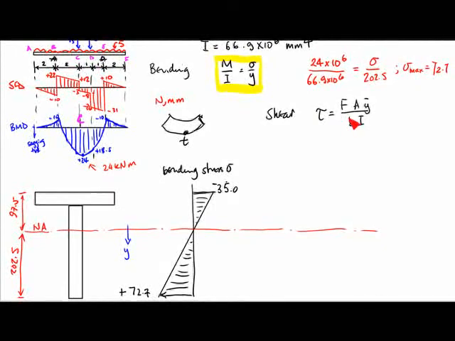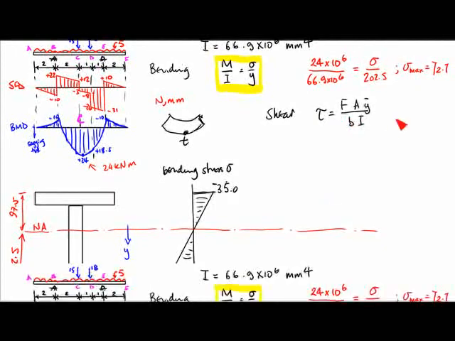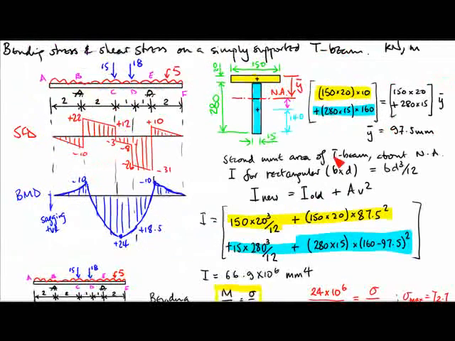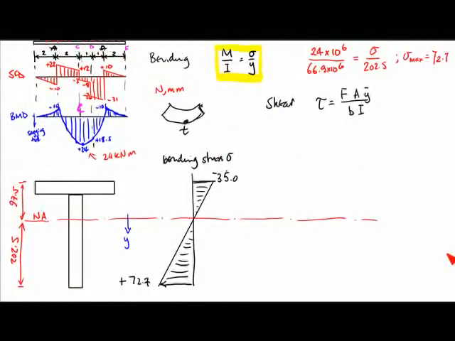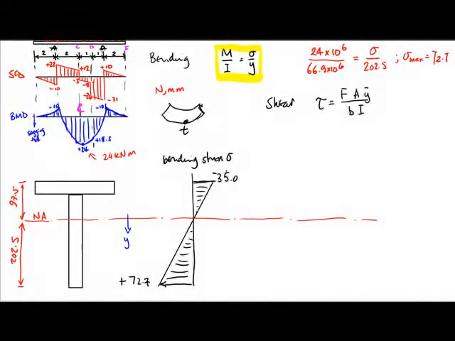Incidentally, that b is not the same as the b in bd cubed over 12. They're both in the same direction, but they have a slightly different meaning. So I'll say more about this b as we come to it.